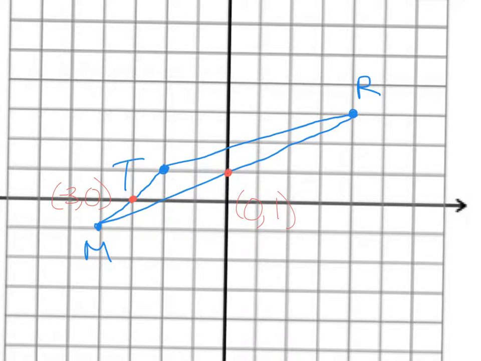Now I need to figure out what the slope of those lines are. So I'm going to start by figuring out what the slope of MR is, because I know this new red line that I'm about to draw in will have a perpendicular slope to that line. So if M is at -4 and R is at +4, my x's, I'm going up 8 there.